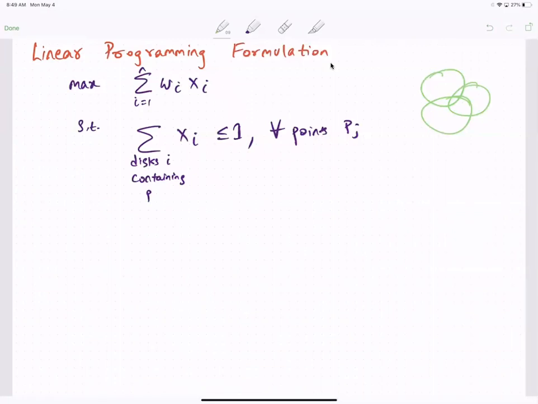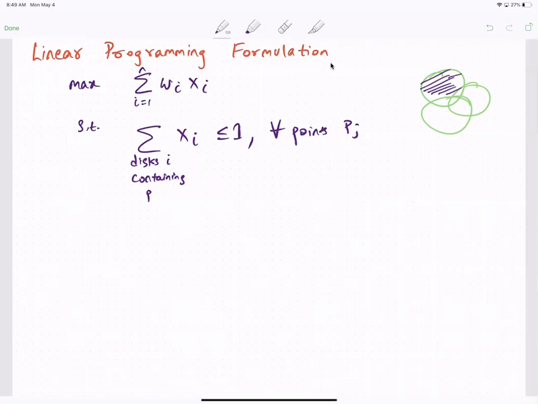But one thing is, I'm saying for all points pj in the two-dimensional plane, which could actually be infinite in number. You can't write an infinite number of constraints here. But the crucial thing to notice is that if you look at this region which I've shaded here, for all the points in the shaded region, they have the same equation.